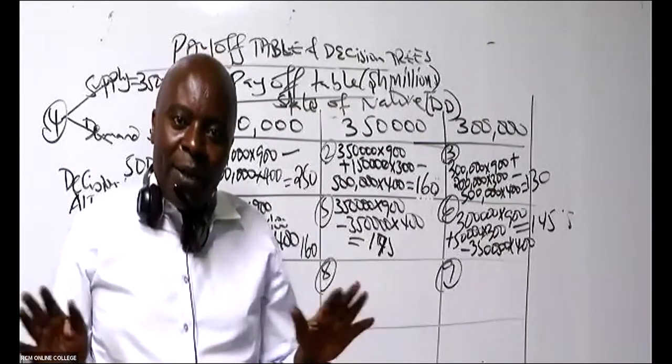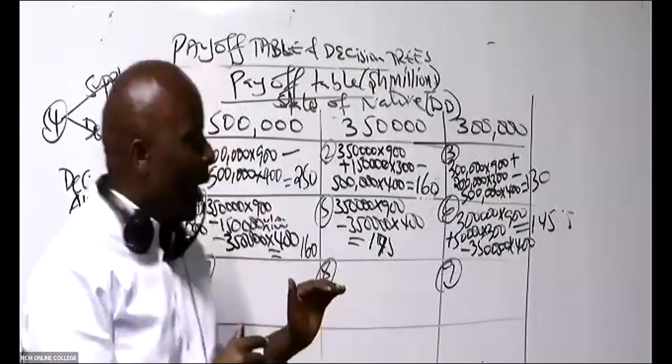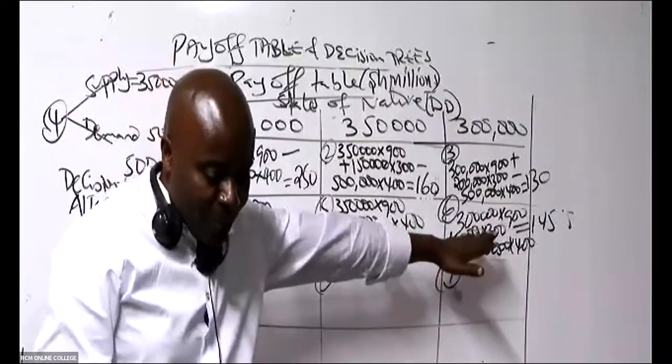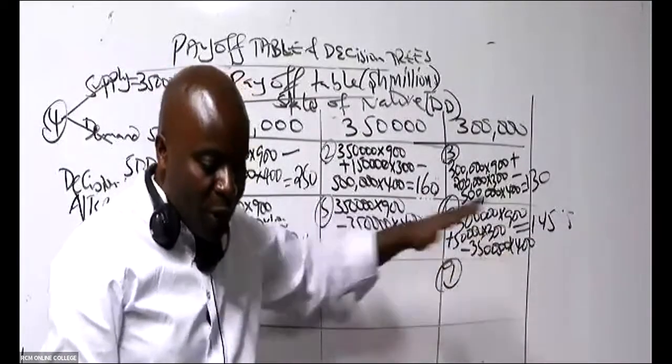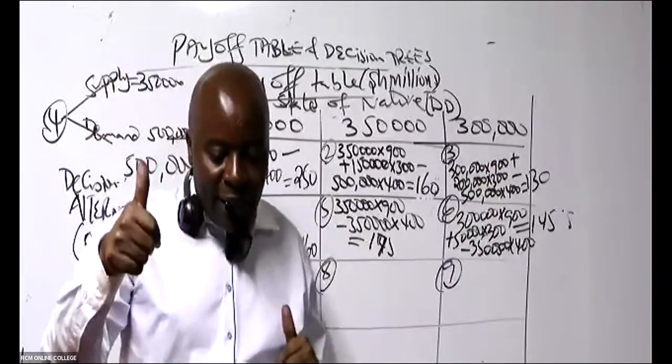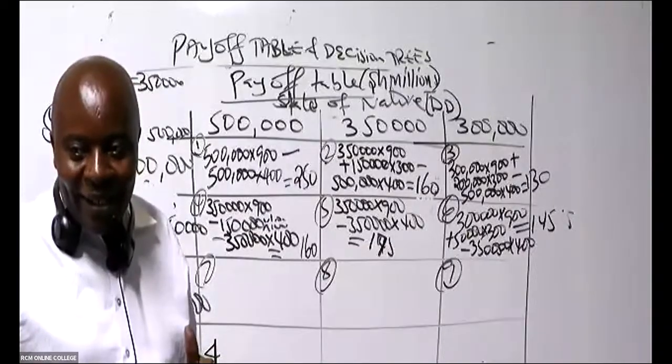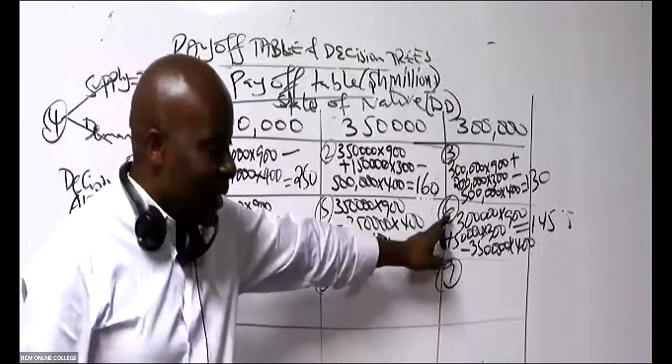Paul, wacha tuelewane kwanza. Na ndio si Paul peke yake. Tuelewane kwanza hapo Paul. Kwamba hapa opportunity cost. Because I've taken, in this case here, Paul amesema sawa. So umepata 145 sasa. Hii hapa number 6.